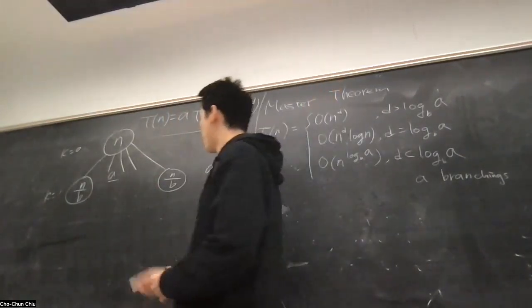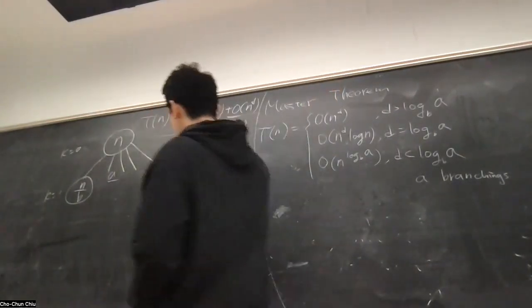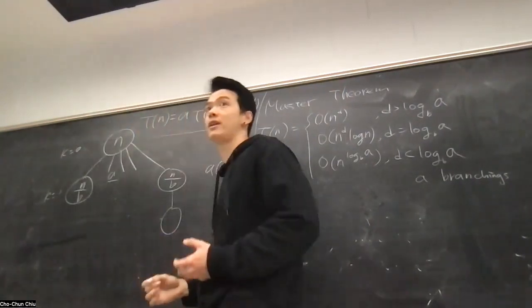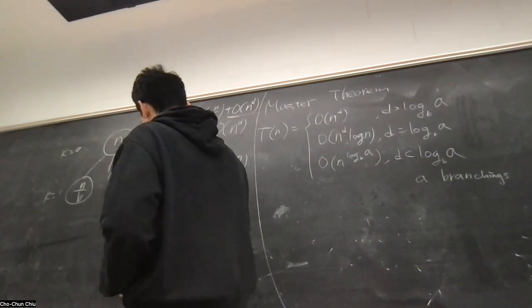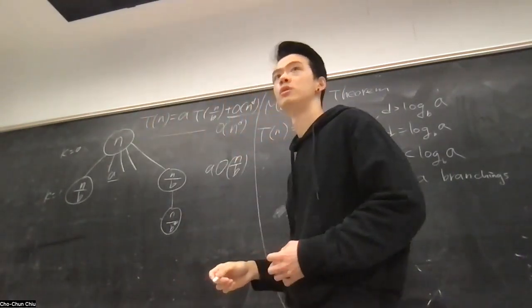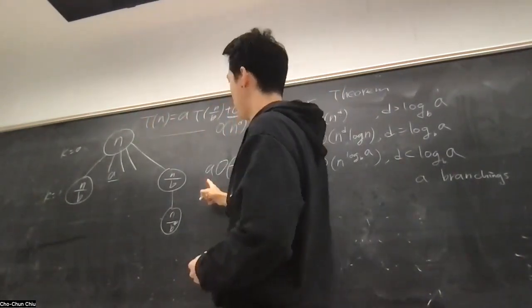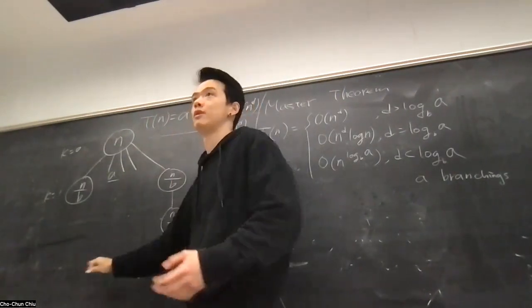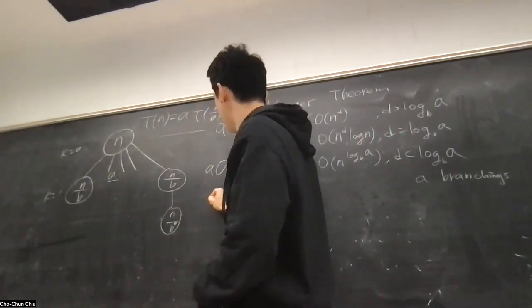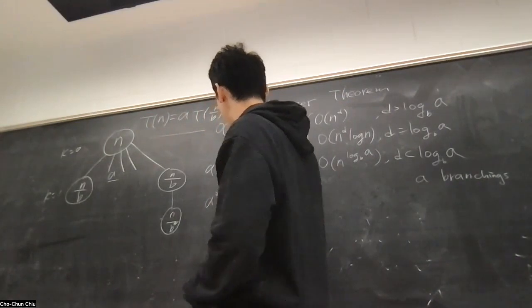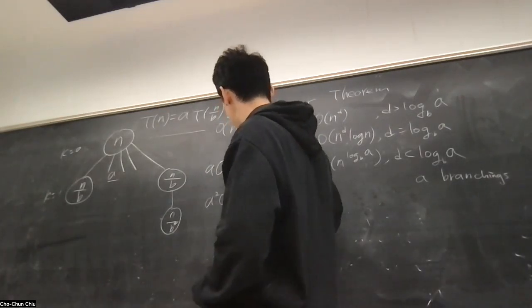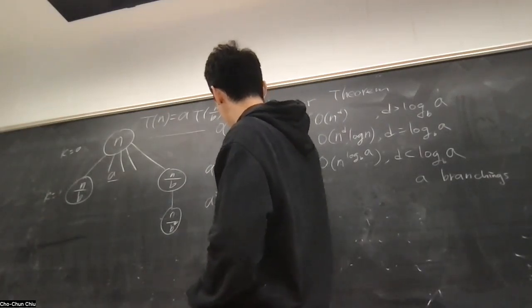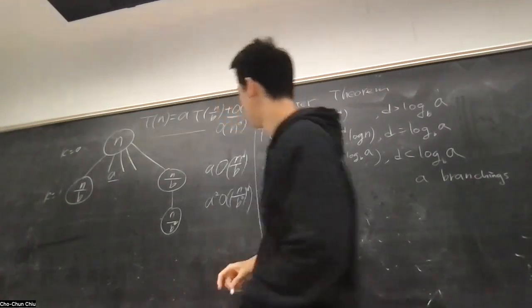So for the next layer, each subproblem is going to be divided again, right? That's going to be b to the power of 2. And then we have more subproblems in the second layer, right? So that's going to be n squared. Does that make sense?